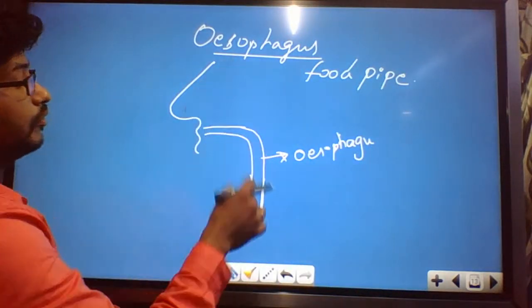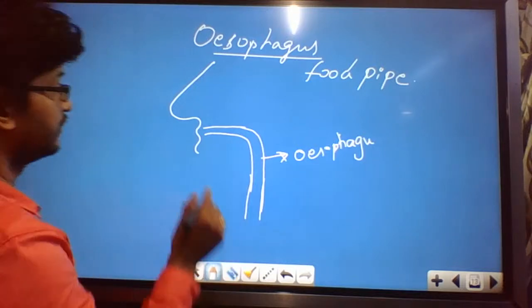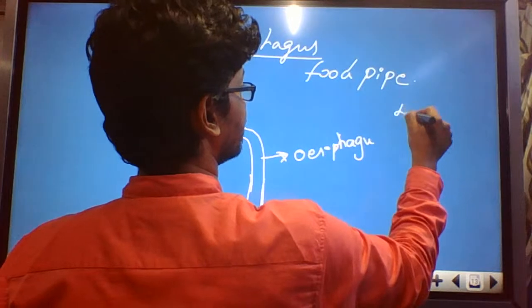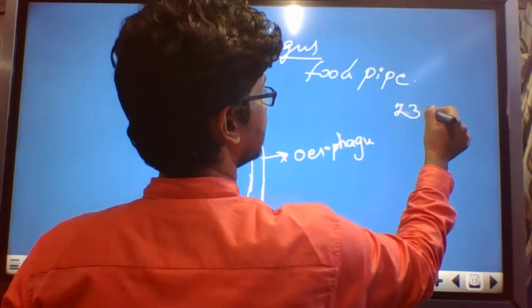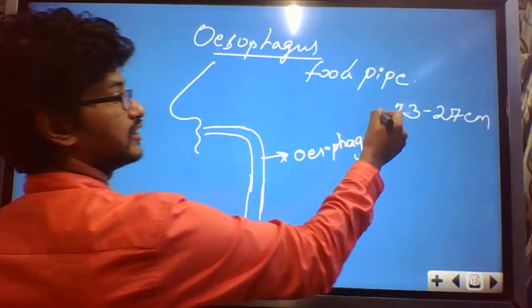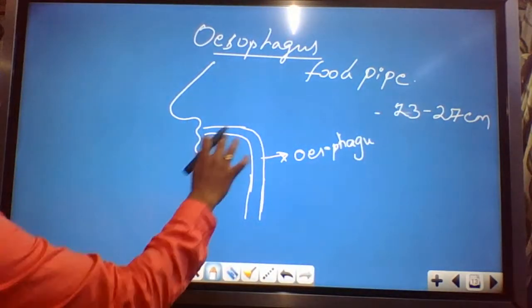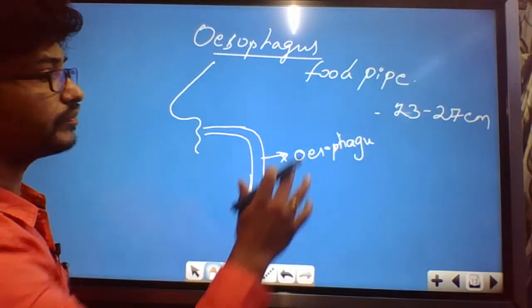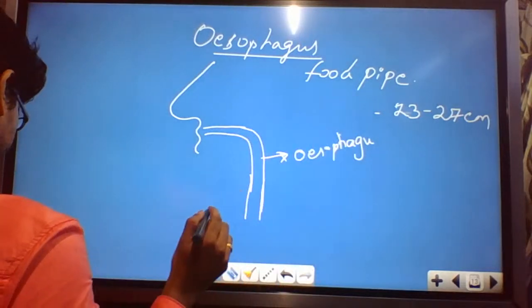So what is actually the size of the esophagus? The size of the esophagus comes between 23 to 27 centimeters. The total size varies between 23 to 27 centimeters.